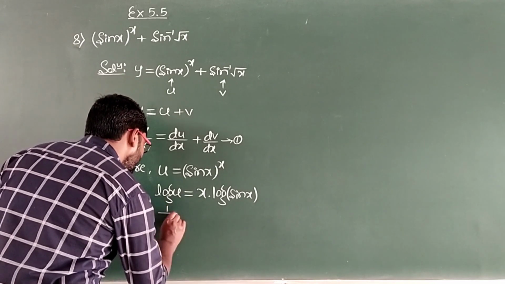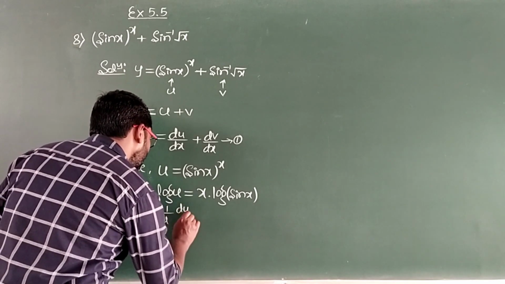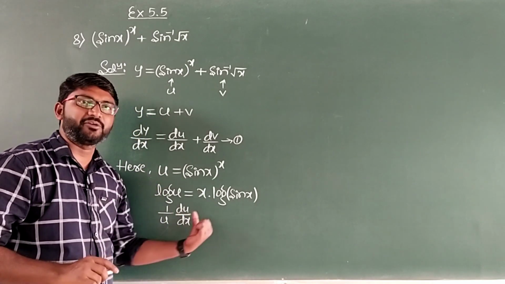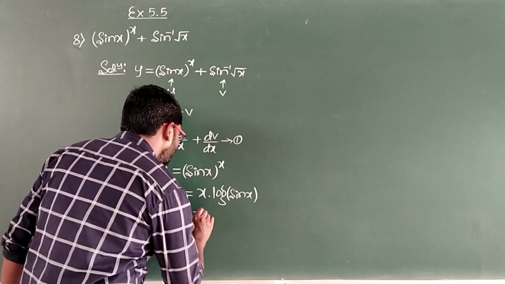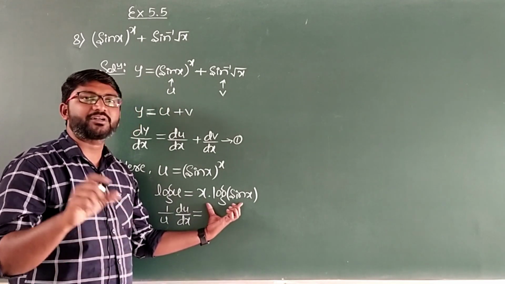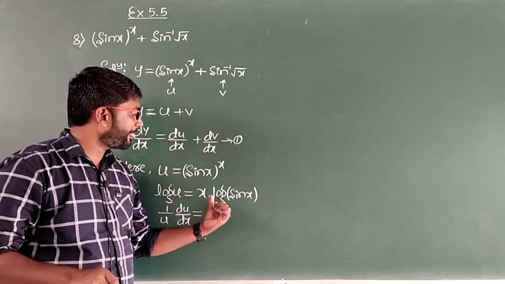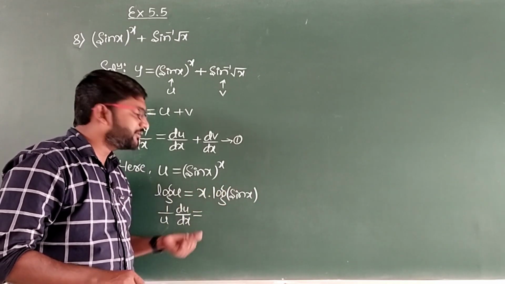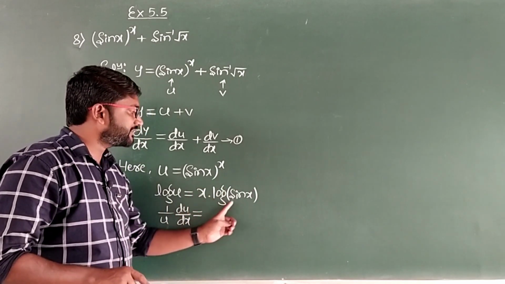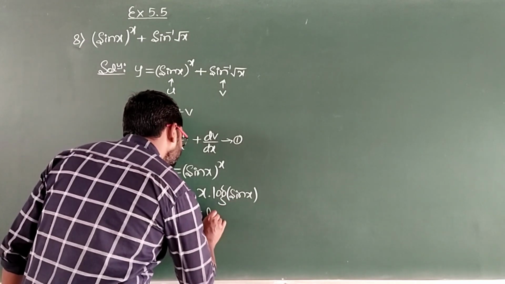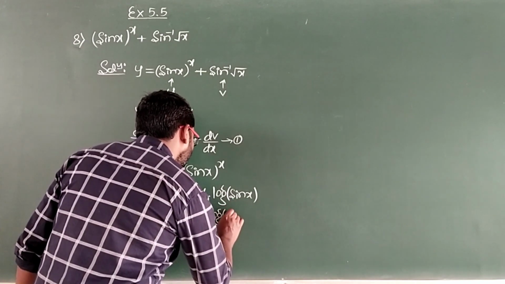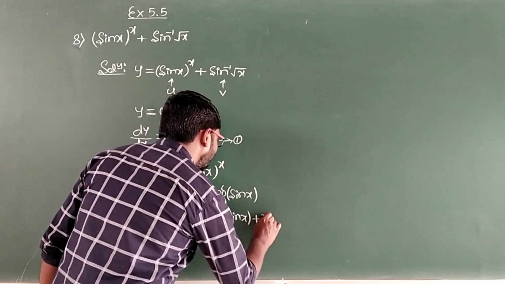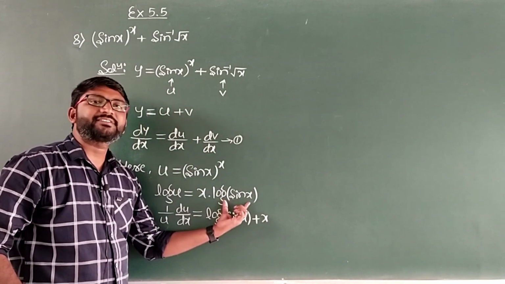So 1 by u into du by dx, since the derivative of log u is 1 by u du by dx, is equal to, on the right hand side we have to make use of the product rule. (uv)' is equal to u'v plus uv'. Derivative of the first function x is 1, into log sin x, plus x as it is, times the derivative of the second function.